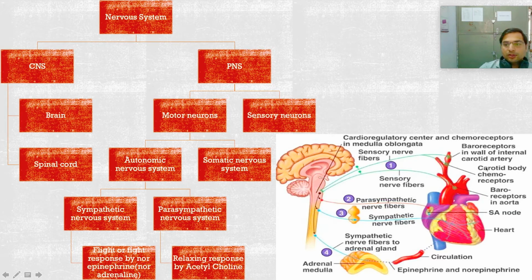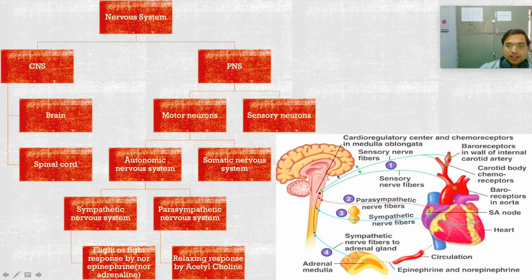So what happens? The baroreceptors and the chemoreceptors at the carotid body, at the arch of the aorta and other places of the body, and also in the CNS, sense the change in pressure and volume of the blood, and they send this signal through the sensory nerve fibers to the sensory neurons.